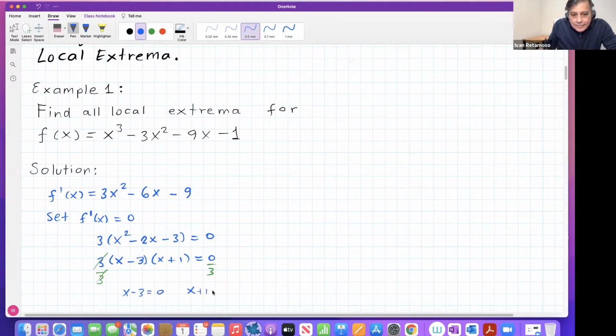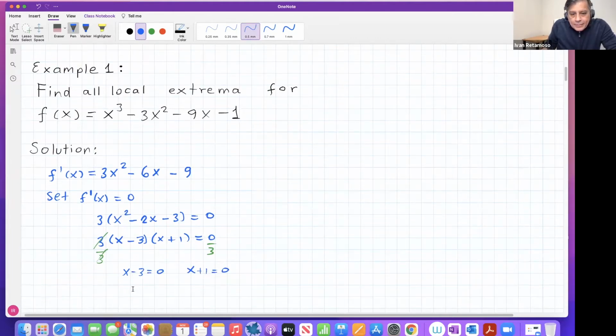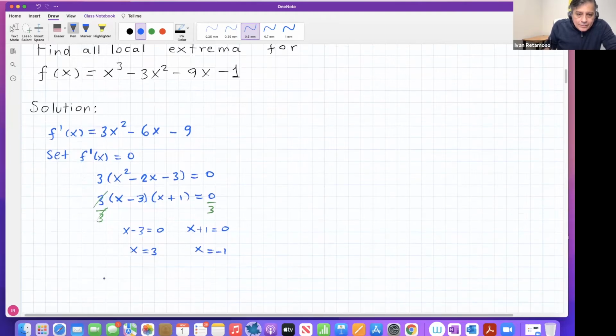From there, we will get your critical points, right? 3 and minus 1, right? Very good, very good. Now, conclusion, right? So -1 and 3 are critical points. This is the first step.